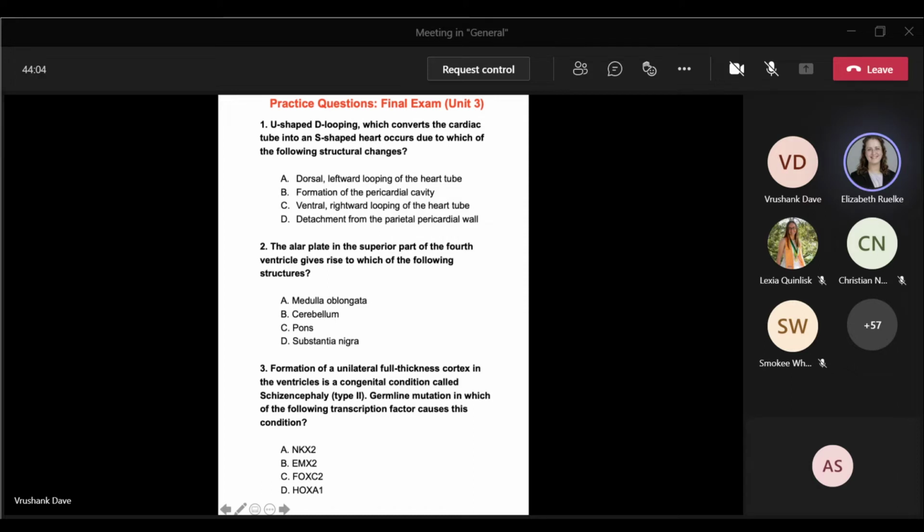A U-shaped D-looping, which converts the cardiac tube into an S-shaped heart, occurs due to which of the following structural changes? Is it C, ventral rightward looping of the heart? Yes, that is correct. Give some time to others. Anyways, who was this? Was it Elizabeth? Yes, I'm sorry.